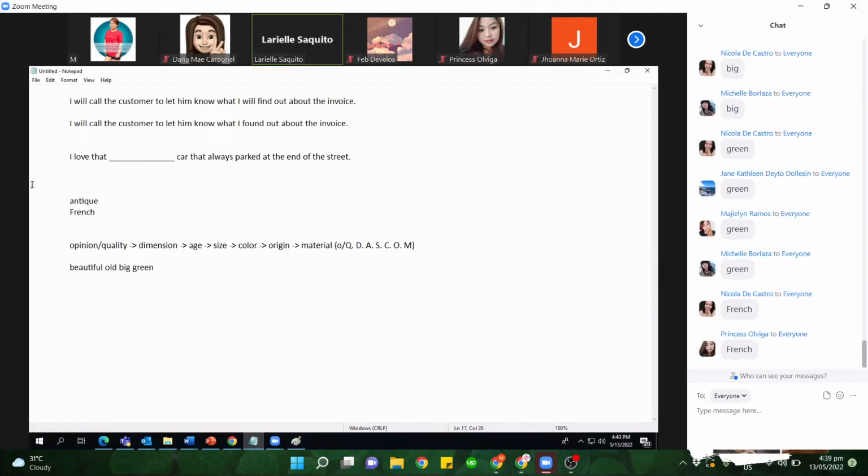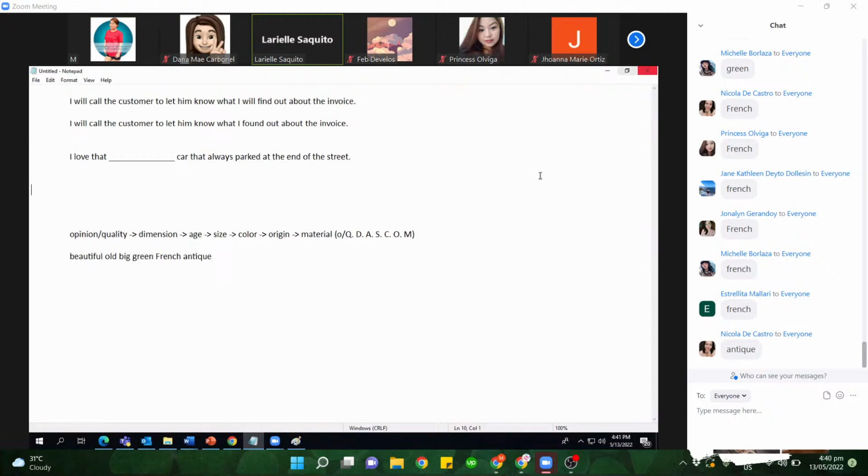Very good, we have French. And lastly, the material, which is going to be antique, since it's the only one left. So it's going to be, "I love that beautiful, old, big, green, French antique car that's always parked at the end of the street."